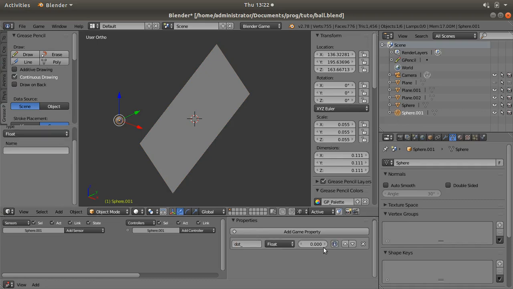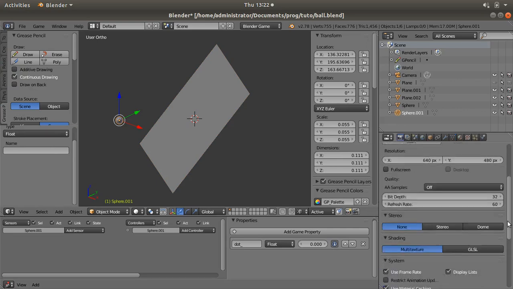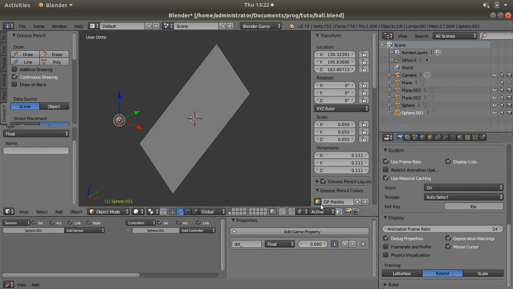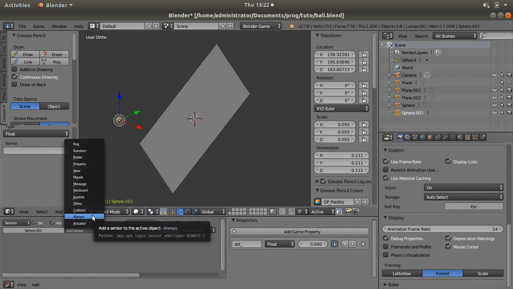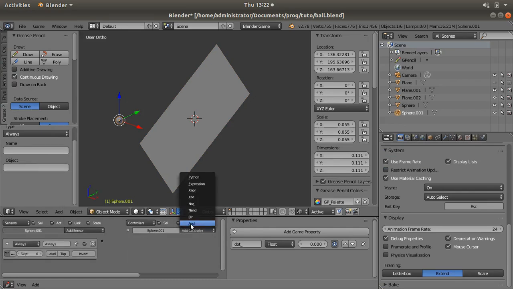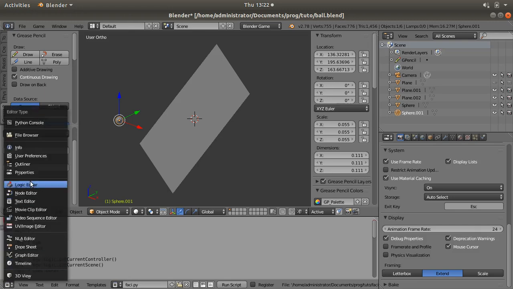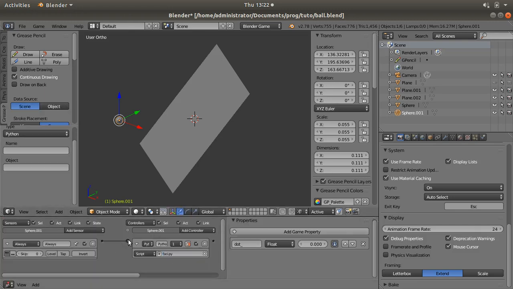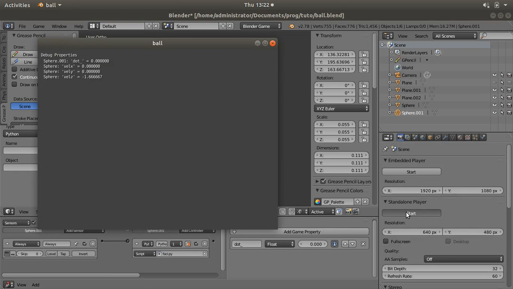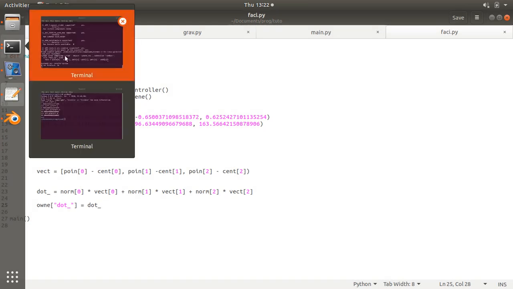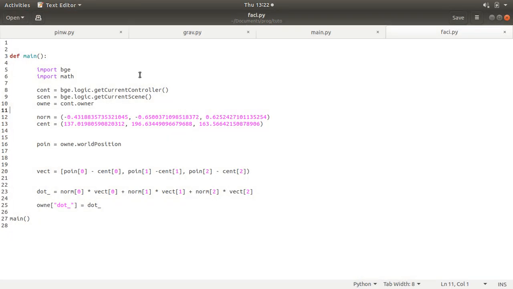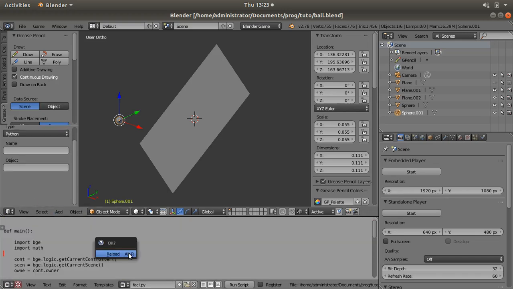And I'll debug this. Okay, so there's my dot.